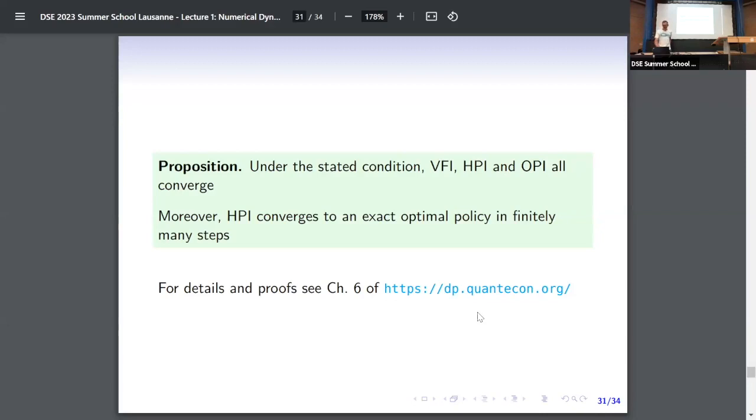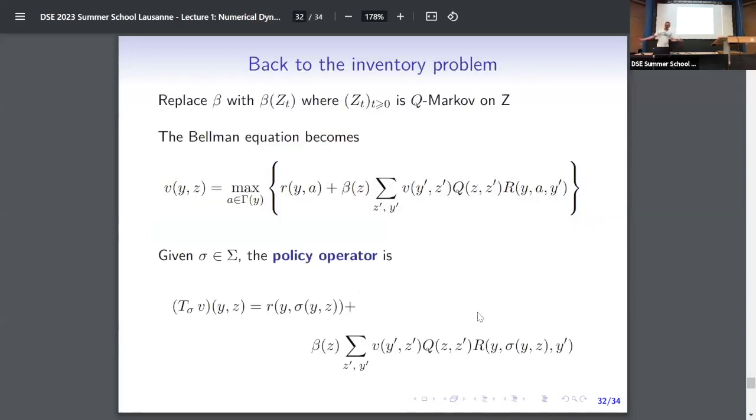Any more questions about the algorithm before I go on? Okay, so that was the general theory. Now we take the inventory problem, and it's just a special case. I won't go through all the details, but Y is inventory, A is the amount of stock that we're ordering in a given period, and beta is our time-varying discount factor.